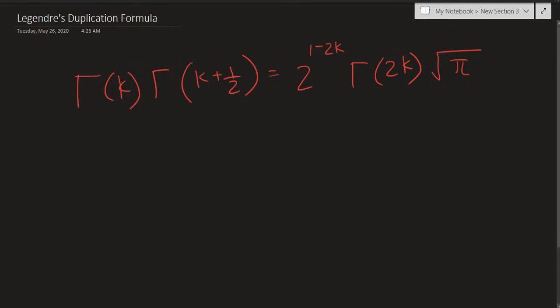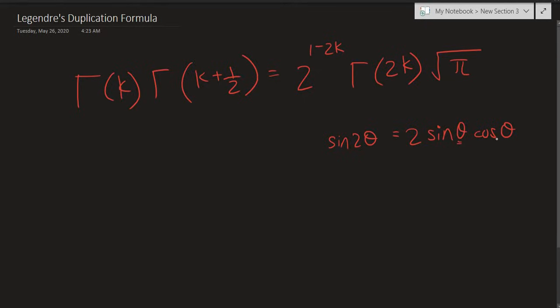So this formula is really interesting because, say, if you have a gamma of k, it just multiplies it by 2, so you get twice the original argument. That's pretty much like the double angle formula for sine: sine 2 theta is 2 sine theta cosine theta.